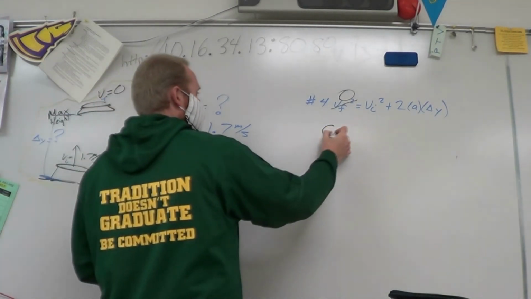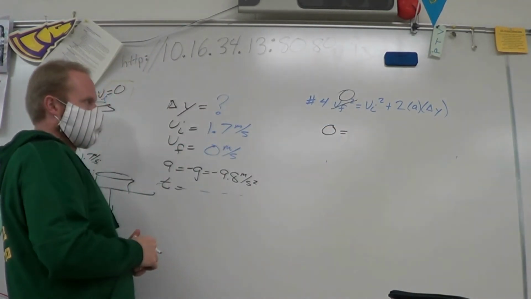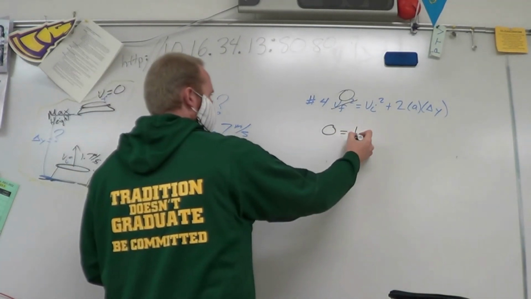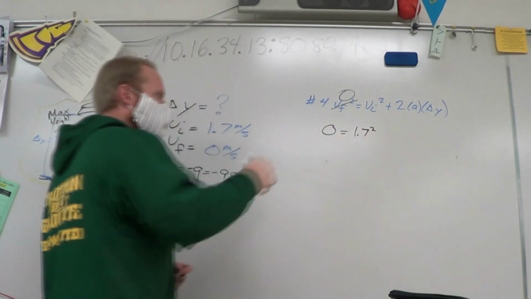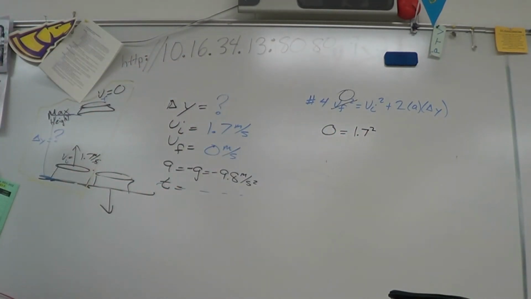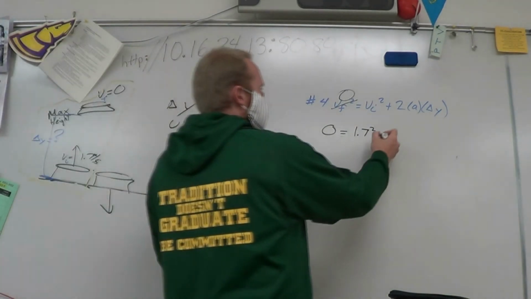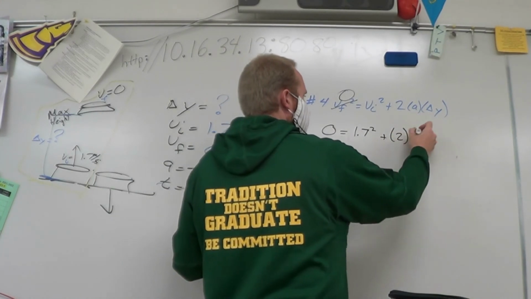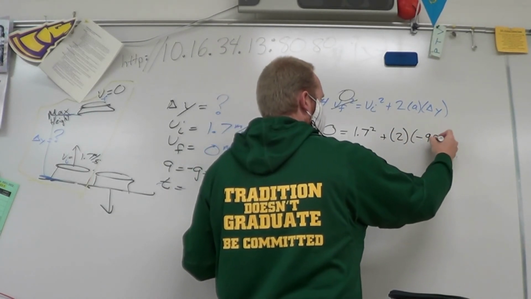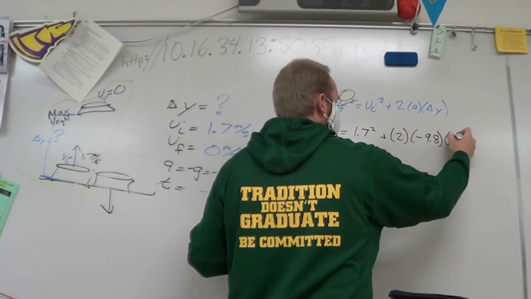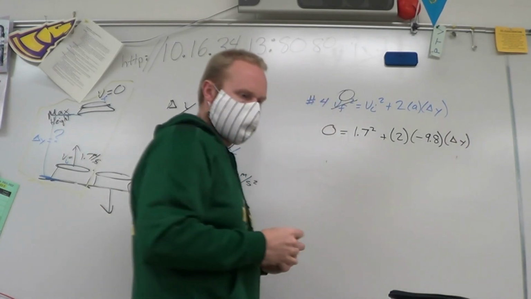So what we end up with is 0 equals my initial velocity, which is 1.7, and it's going upwards, so that is a positive 1.7, squared. And then that's going to be plus 2 times negative a, which is negative 9.8 meters per second squared, times delta y.